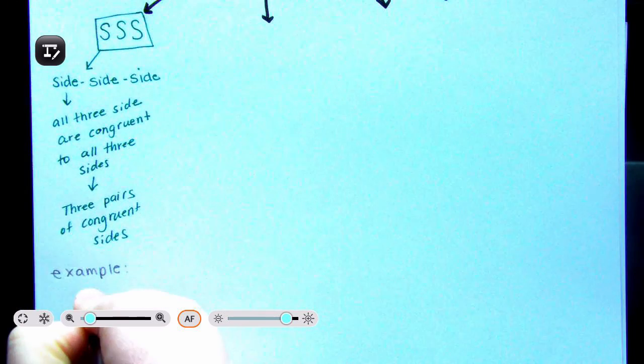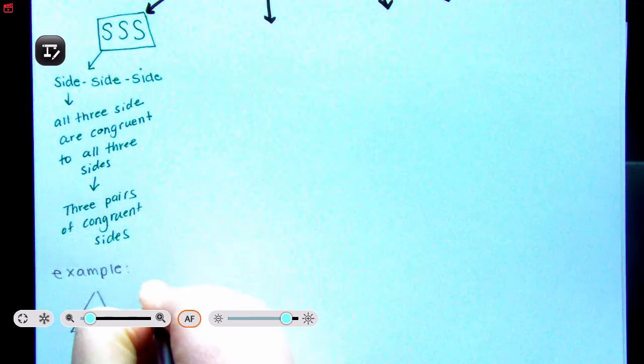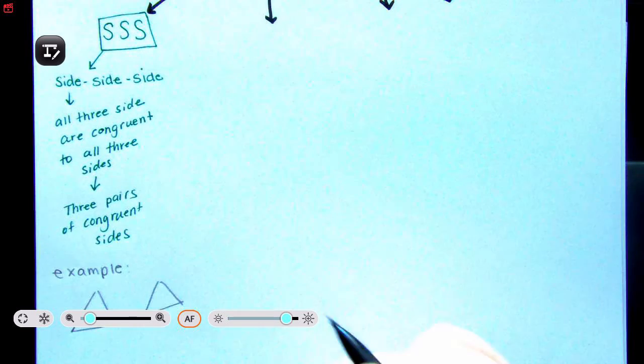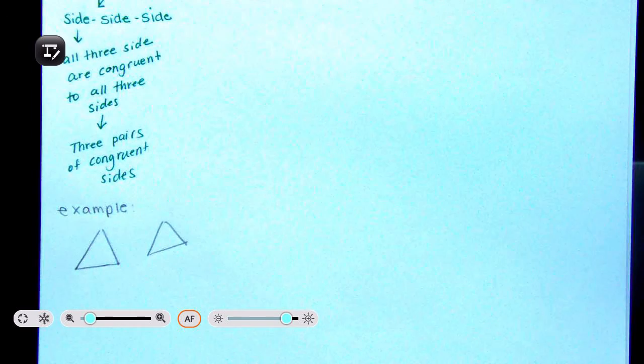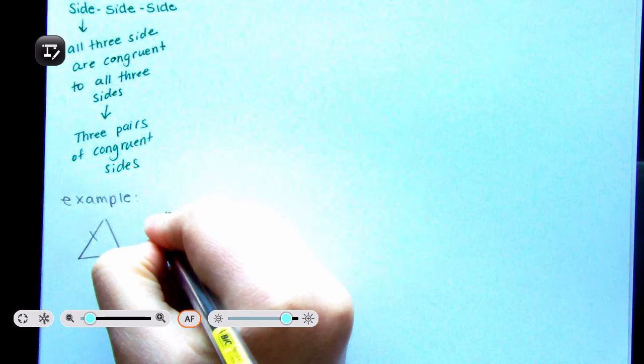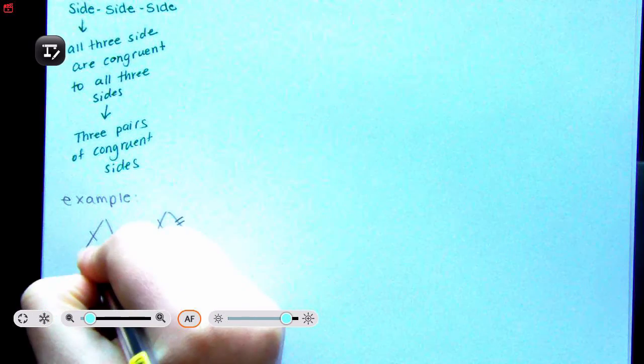If you have a triangle, let's do one that's pretty small, and you have, let's say this side's congruent, this side, this side.